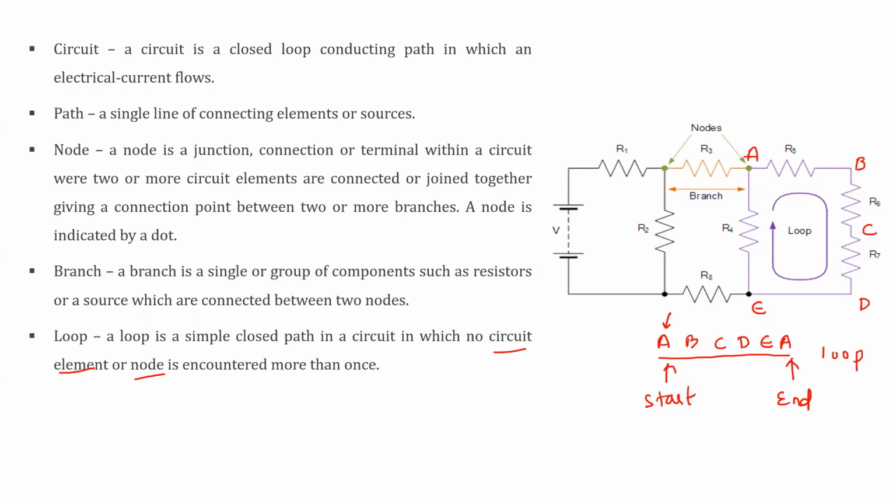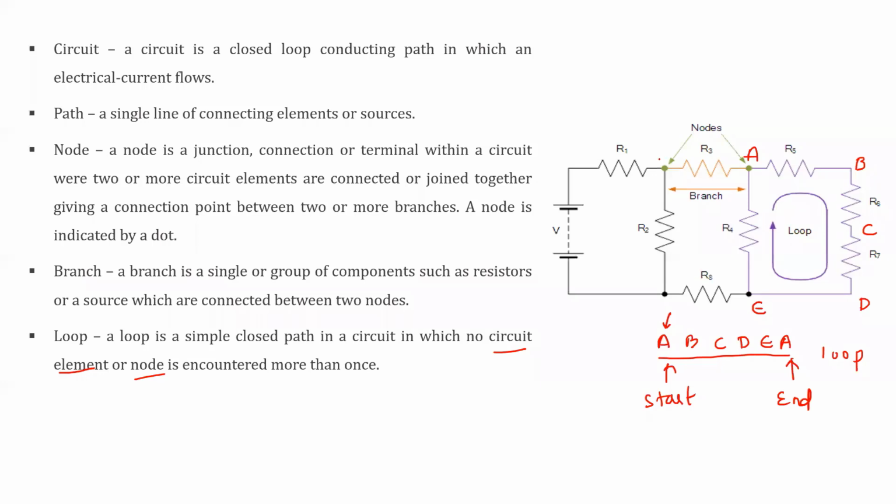Except only one node, there should not be any node repeated, and none of the circuit's elements are repeated. If that is the case, we can call that a loop here.